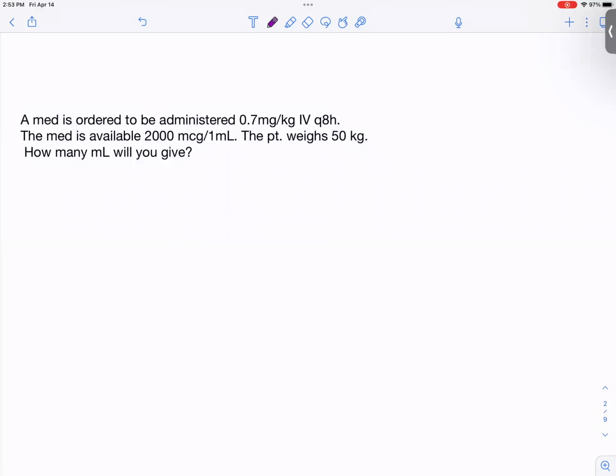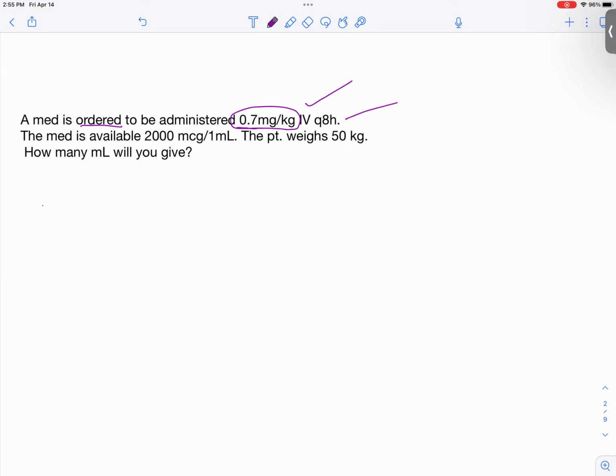Beautiful. So here is a 2-factor. So I want you to try this one. All right, so this is your classic 2-factor. So it's saying the medication is ordered to be administered 0.7 milligrams per kilogram. It's going to be given intravenously every 8 hours.